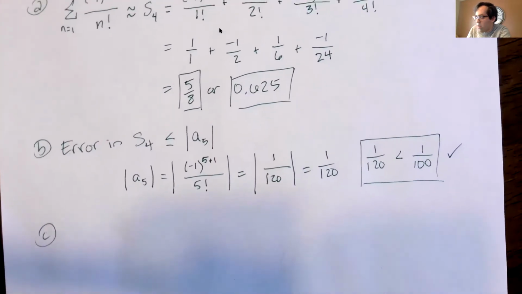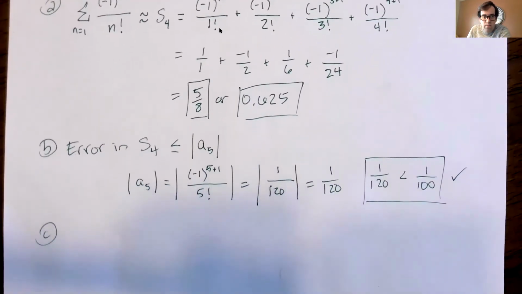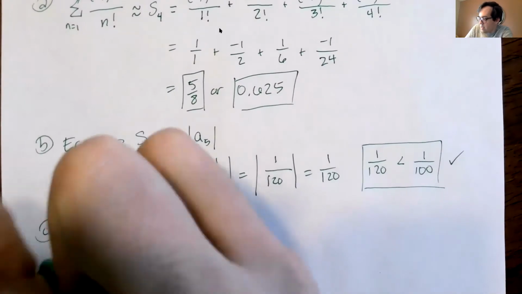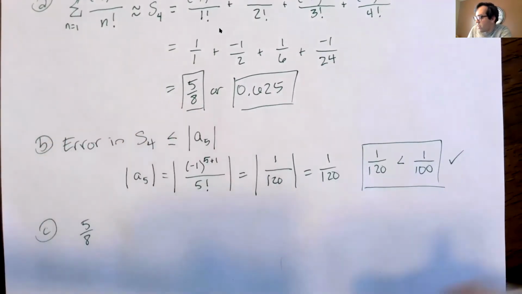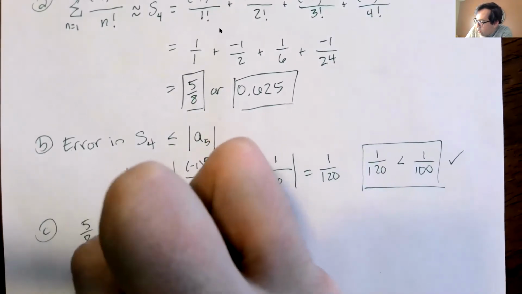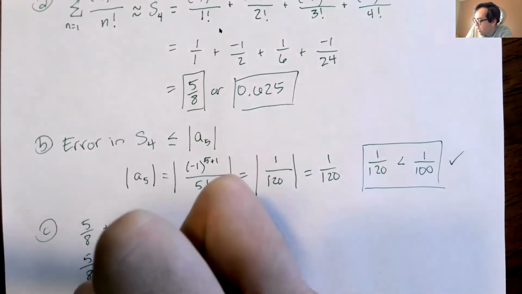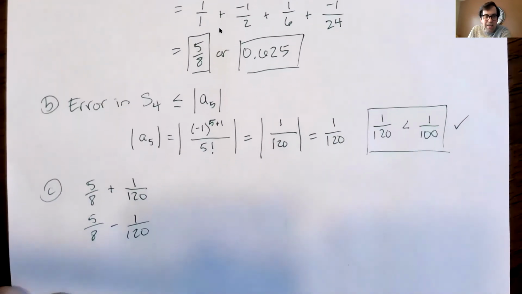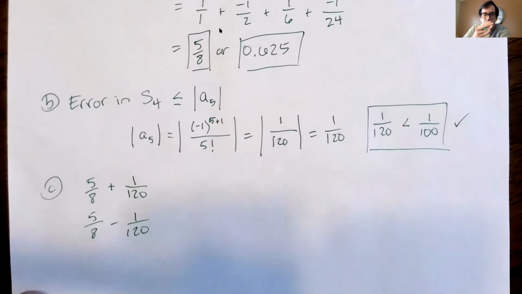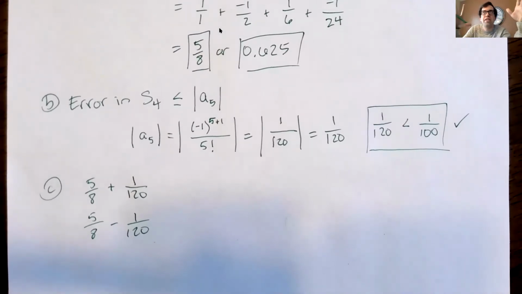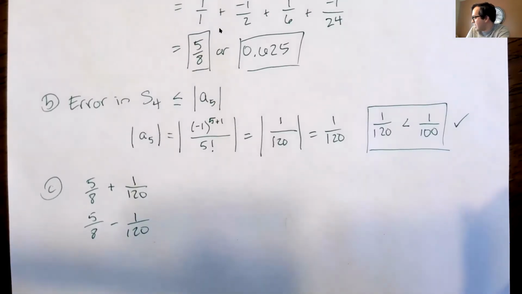If we think about our approximation, which was 0.625 or 5/8, what this error bound is telling us is that if we add 1 over 120 or subtract 1 over 120, we're going to be finding the upper and lower bound of some region that the final sum lies in, okay? And if you've taken any sort of statistics class, this idea of error bound should be somewhat familiar to you.